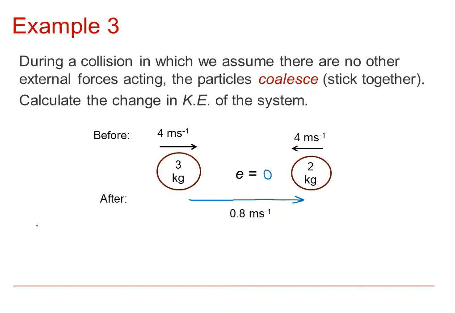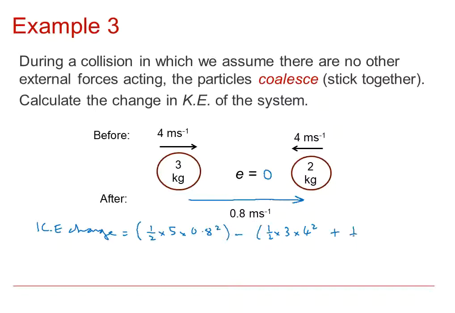Now if we look at the kinetic energy change, remember it's final kinetic, take away initial kinetic. The final kinetic energy is a half times, and they're stuck together, so the mass is 5, and they're both moving at 0.8, so that's 0.8 squared. Take away the initial kinetic energy, so that was a half times 3, moving at 4 meters per second, so that's squared.